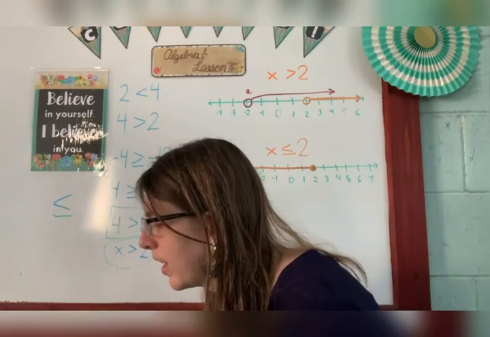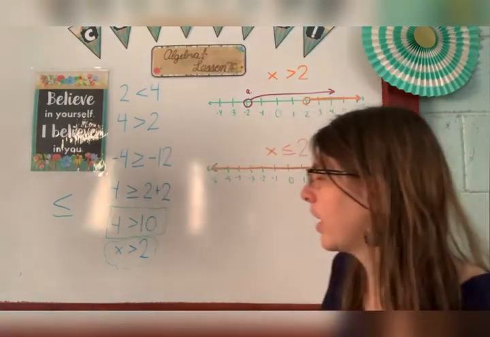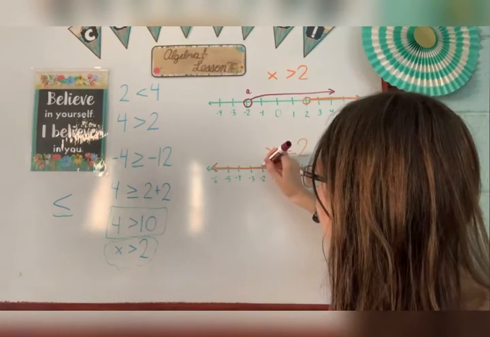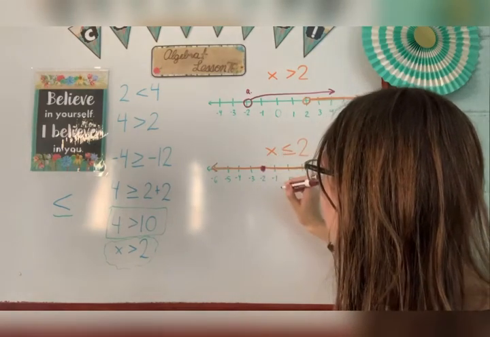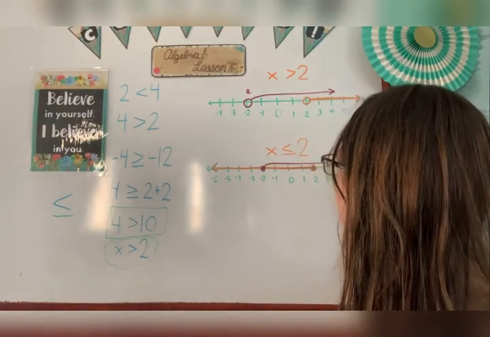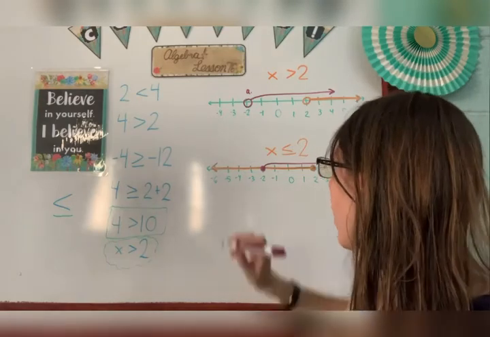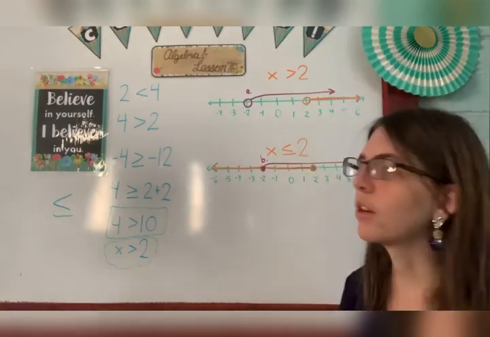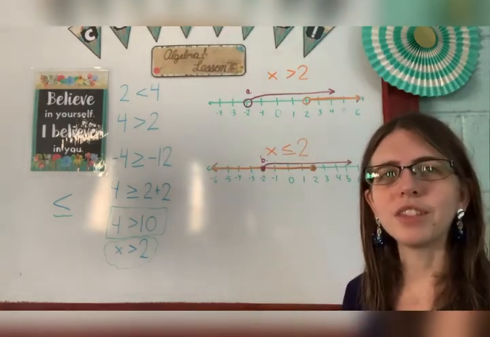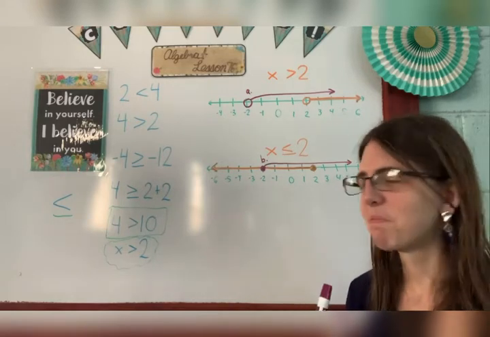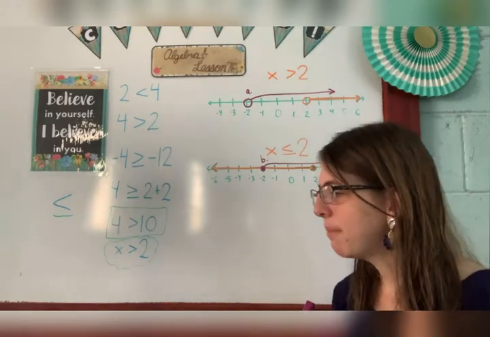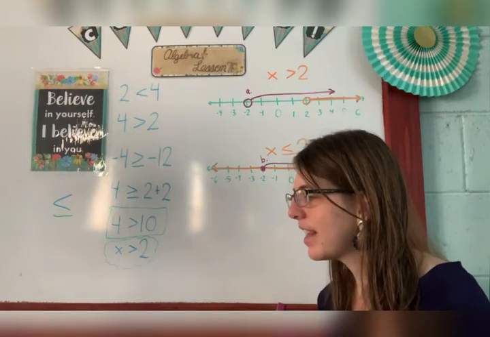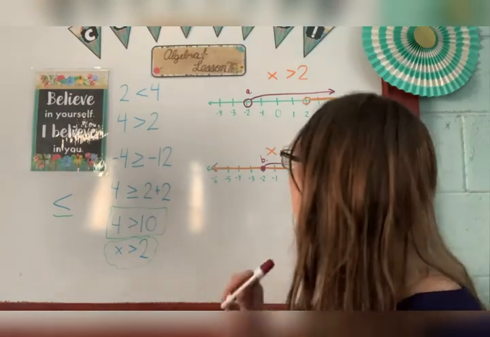Letter B was greater than or equal to -2. So I'm going to show you on this one. You needed a closed circle over -2 and an arrow towards the right, showing all the numbers that are greater than or equal to -2. That's letter B. Now, letter C was less than or equal to 4.